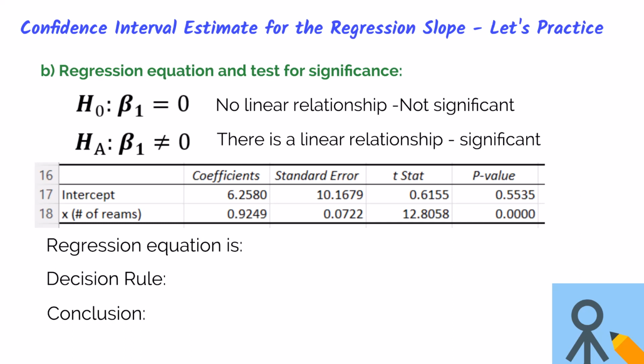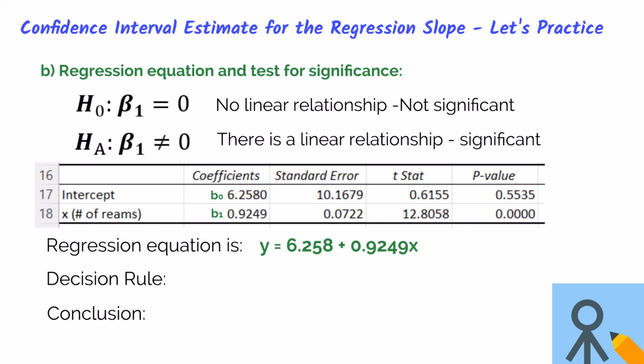Here is a snippet of the bottom table of the output from the regression analysis from the prior slide. We first need to identify the beta sub 0 and beta sub 1 in the output to write the regression equation. The intercept, beta sub 0, is 6.258 and beta sub 1, or the slope, is 0.9249.